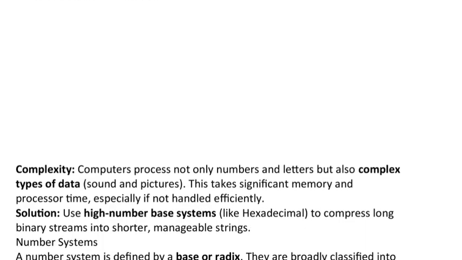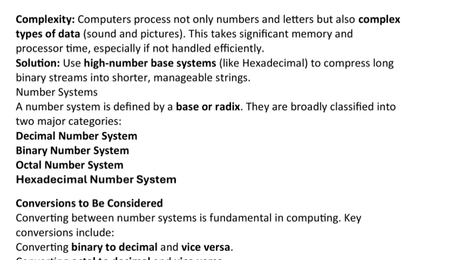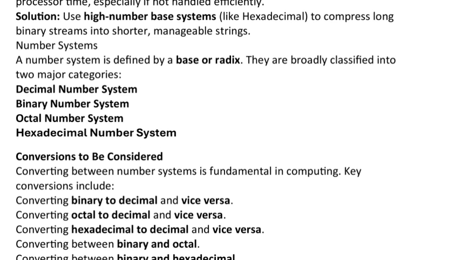Complexity: computers process not only numbers and letters but also complex types of data, sound and pictures. This takes significant memory and processor time, especially if not handled efficiently. Solution: use high number base systems, like hexadecimal, to compress long binary streams into shorter, manageable strings.